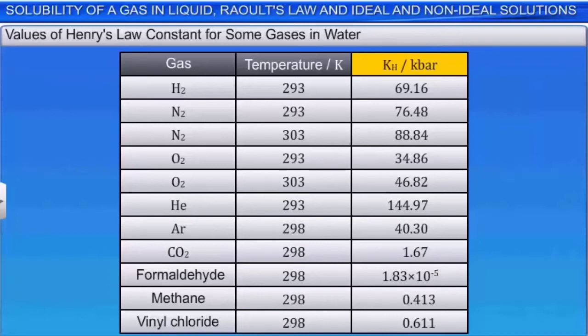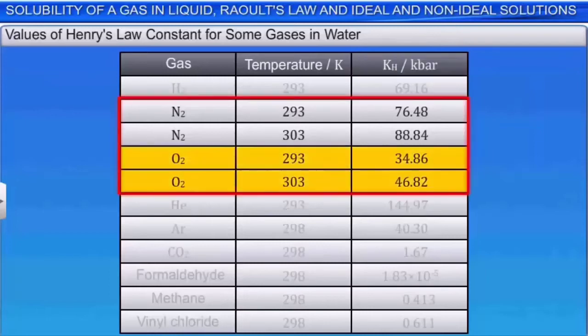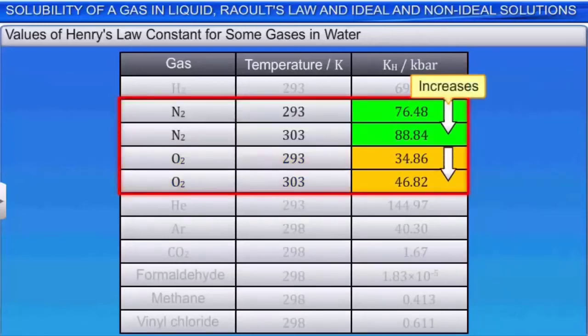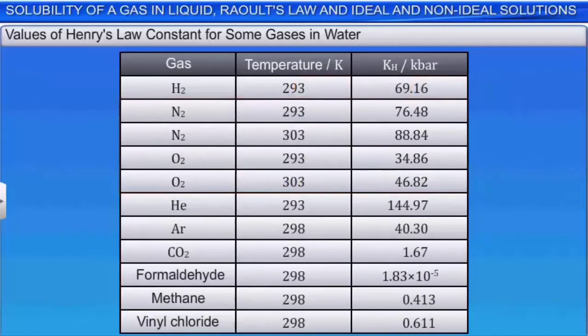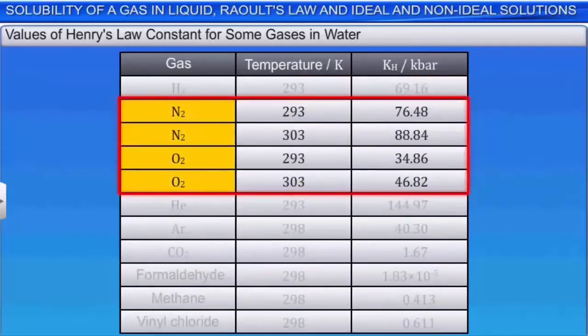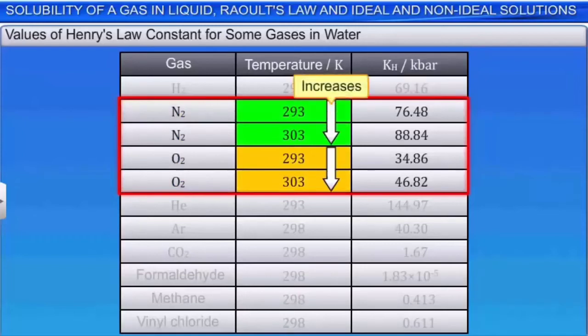On comparing the values of Henry's constant for oxygen and nitrogen, we can infer that the value of KH increases with an increase in temperature. As a consequence, the solubility of gases generally decreases with an increase in temperature.